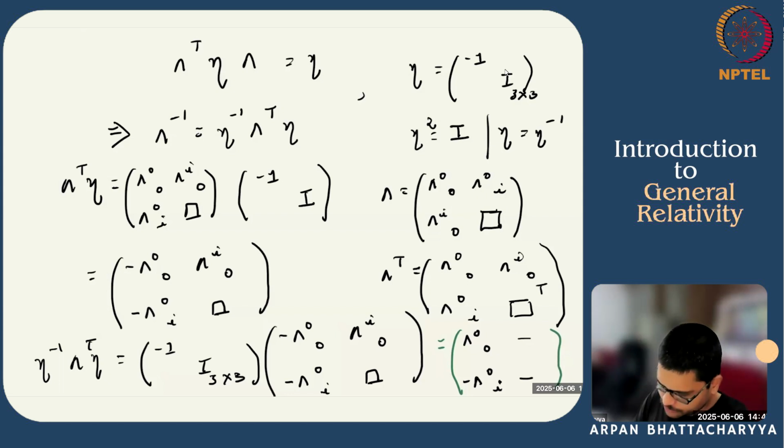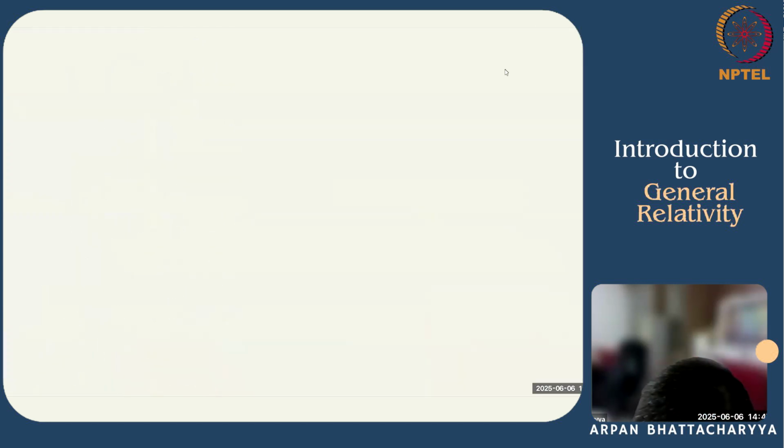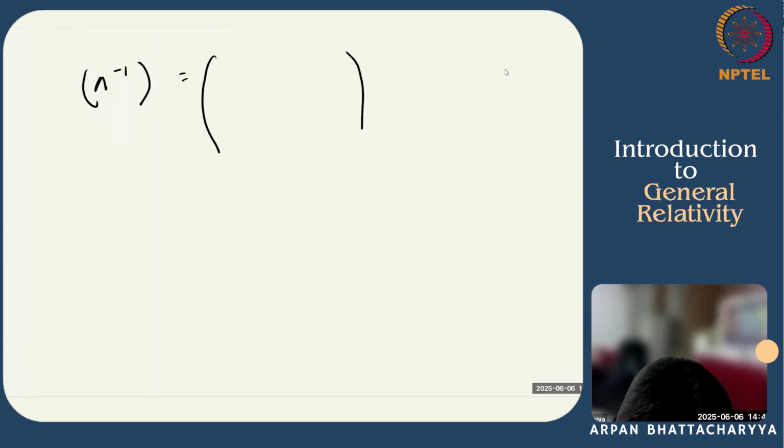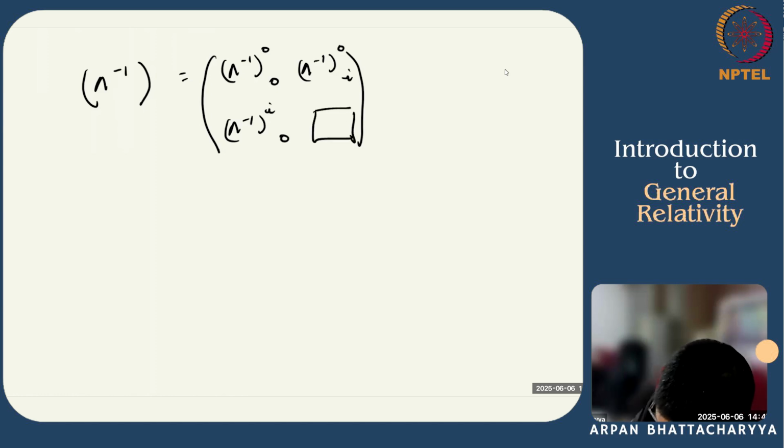Now remember, this is equal to the lambda inverse. So lambda inverse, the elements again, we can parameterize as this is the 0 0 component of it, the 0 I, the I 0, and then some block. And just now what we get is the following: lambda 0 0.